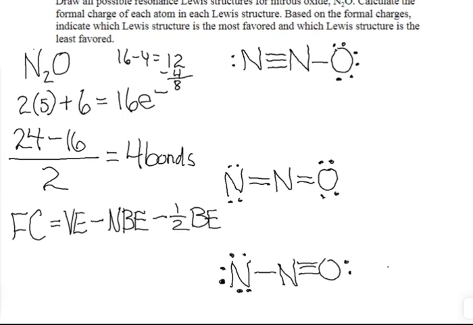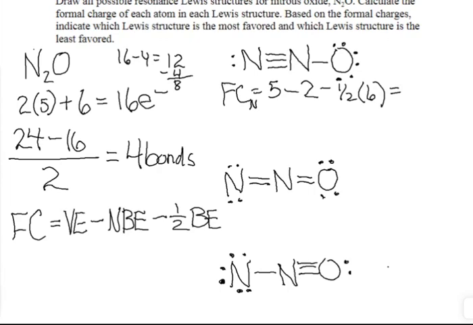So let's try this. This is for each individual atom in a bond. So the first nitrogen, the formal charge, is going to be 5 valence electrons, minus 2 non-bonding or lone pair electrons, minus 1/2 times 6 bonding electrons.